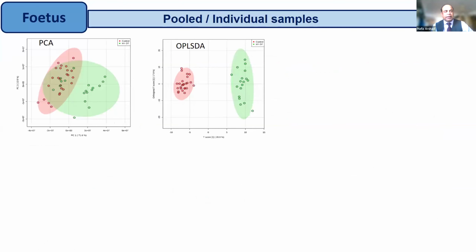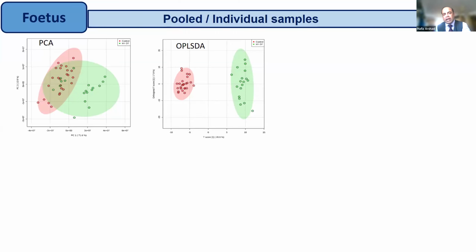Similarly, in the fetus there is one more aspect. In many studies, OPLS-DA plots are shown, but as we can see, even the PCA is not the ideal plot we should be expecting. Some of the fetal units are not infected and behave just like controls. Still, the OPLS-DA plot shows a very unique and beautiful distribution.